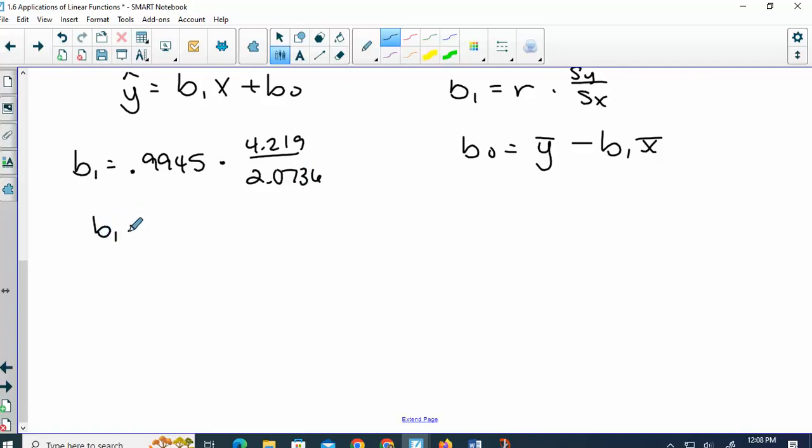The slope is 2.0234. If you had kept all 5 digits on your R value, you would have had 2.0233. So just rounding, so make sure you have enough work and know where it came from. So currently, I have this much.